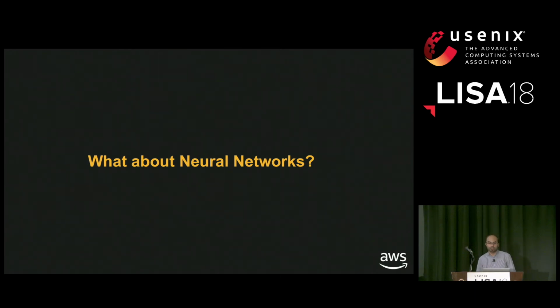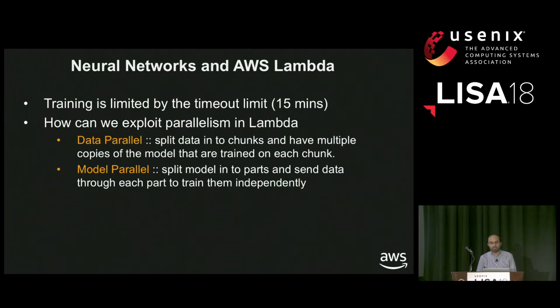So I wanted to talk a little bit about the more prominent neural networks that people use these days. From an architecture perspective, there's the training aspect, training your model, and then using your model. Training your model, we're still limited by the 15 minutes.